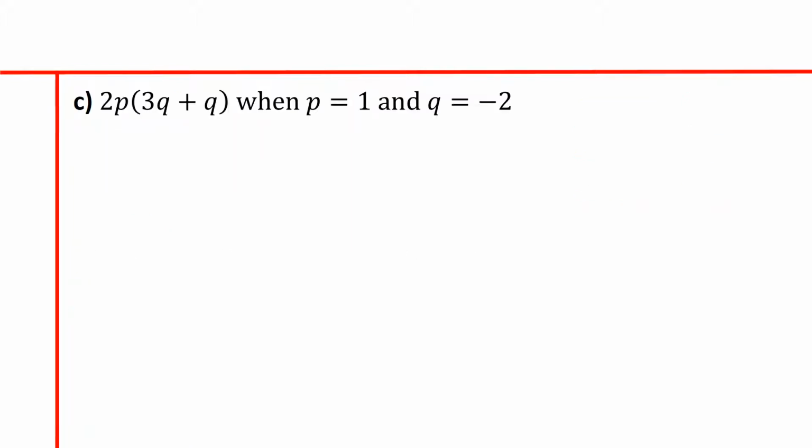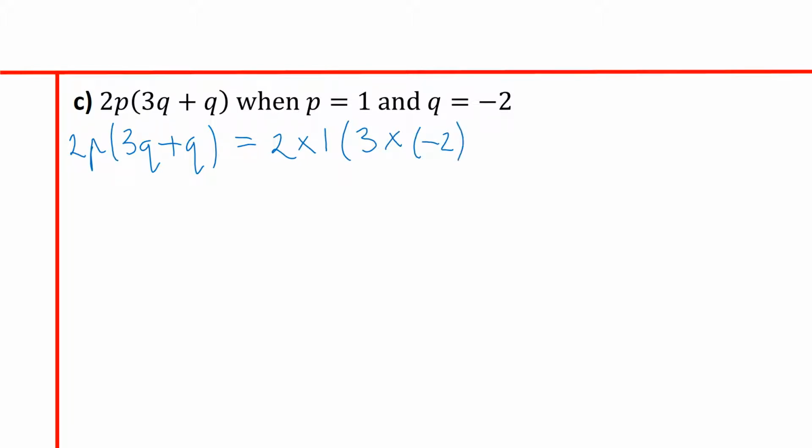Okay, last example is c, 2p, and then in brackets 3q plus q. Alright, so for this one, writing out my expression again, 2p brackets 3q plus q equals 2 times, p is equal to 1, q is equal to minus 2, open bracket 3 times minus 2 plus minus 2, and then close my brackets.